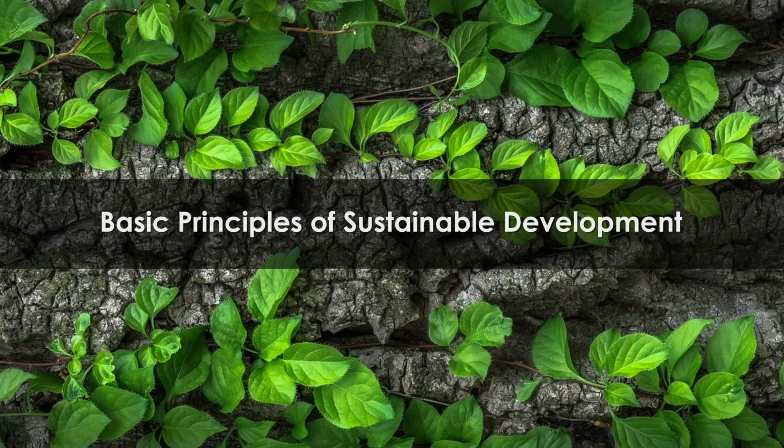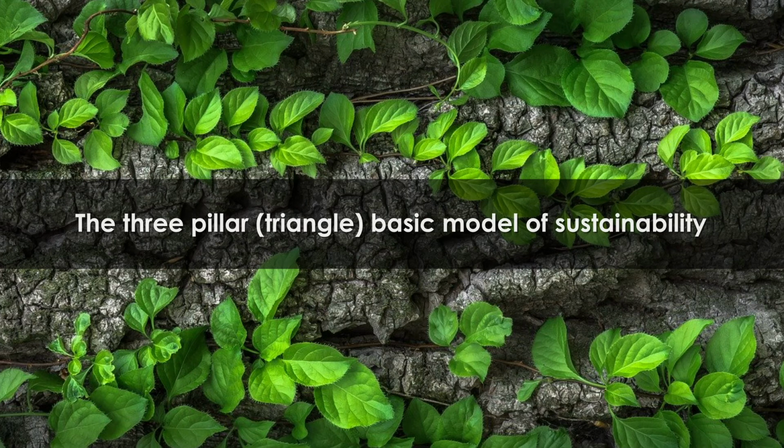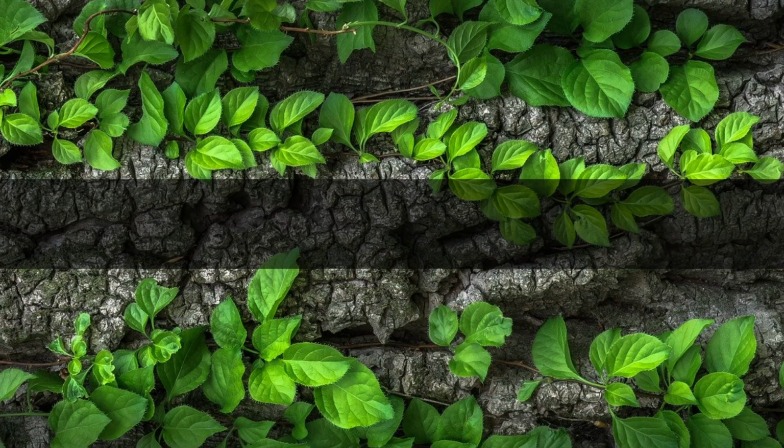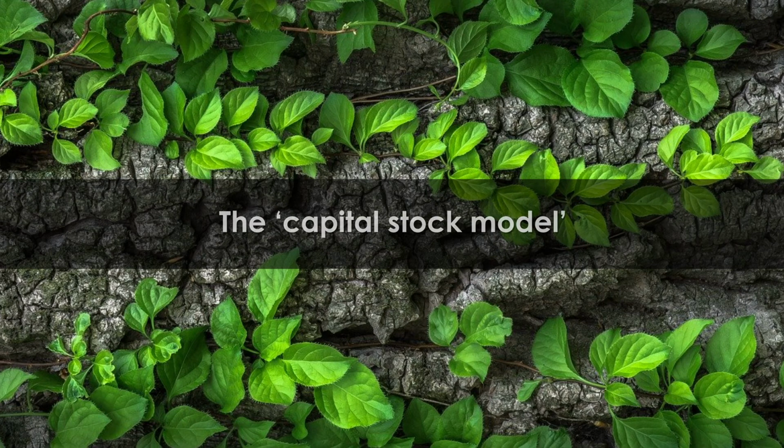There are a number of principles proposed by different authors and organizations. Let us look into only a few which are very important and relevant, particularly in this course. Few of them are the three-pillar triangle basic model of sustainability, cultural diversity as the central pillar of sustainable development, the capital stock model, and the act of sustainability as basic principles of sustainable development.